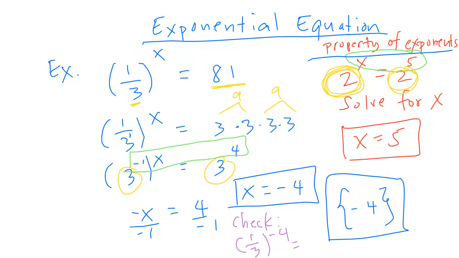Okay, so 1 divided by 3. And then you raise this to the power which is x, which is negative. So that should be negative 4. And hit enter. It will give you 81. So this is correct.